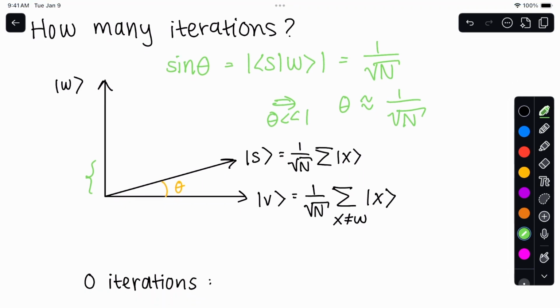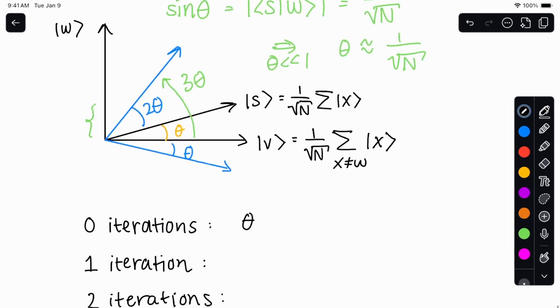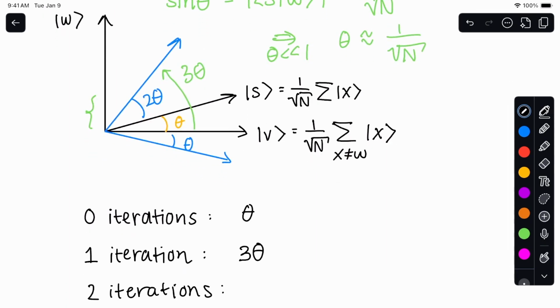So now we can see what's going to happen after we go through one iteration. So first we would apply our phase flip oracle, and that would flip us down to minus theta. And then we'd apply our diffusion operator, which would flip us over to S. And this angle here would be 2 theta. So now after one iteration, we've gone from theta to 3 theta. Just filling this out. We started off at theta, and then we're at 3 theta.